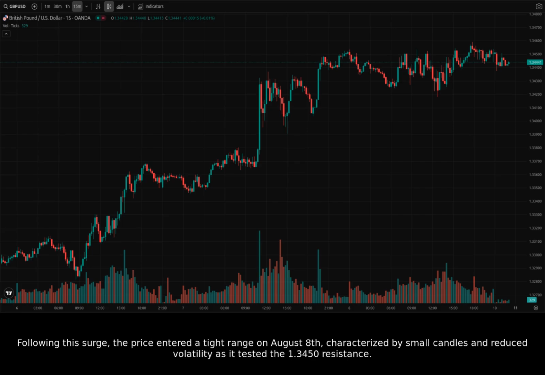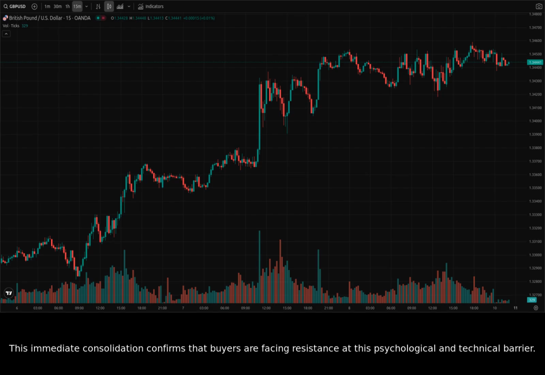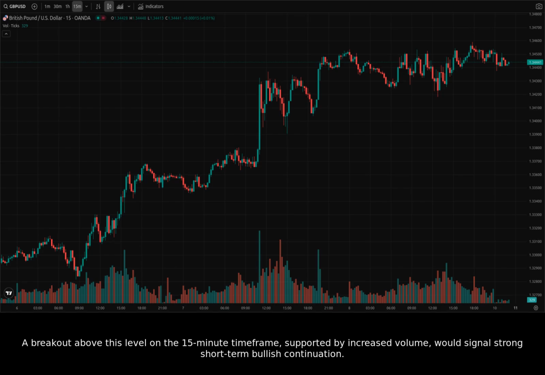Following this surge, the price entered a tight range on August 8th, characterized by small candles and reduced volatility as it tested the 1.3450 resistance. This immediate consolidation confirms that buyers are facing resistance at this psychological and technical barrier. A breakout above this level on the 15-minute time frame, supported by increased volume, would signal strong short-term bullish continuation.